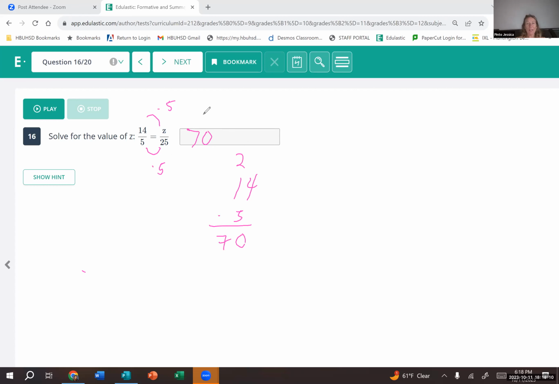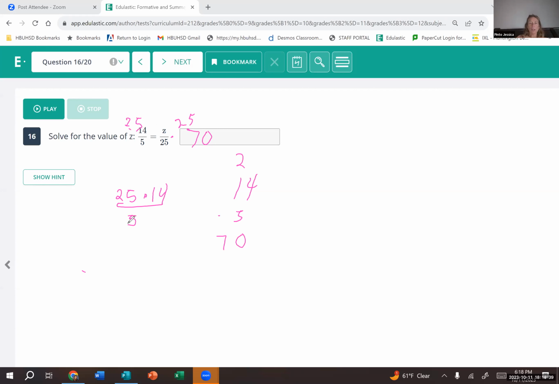So if we don't recognize that, what do we do? Well, this is the butterfly math type problem. So we do the cross multiplication when we have a fraction equal to a fraction. But we could also just say, oh, this is z divided by 25, so I could times by 25. That's going to be 25 times 14 divided by 5.